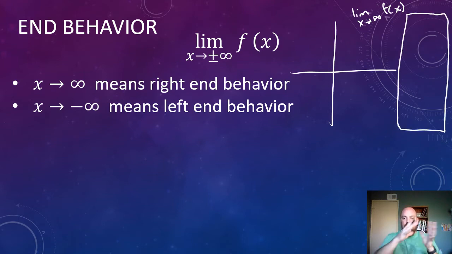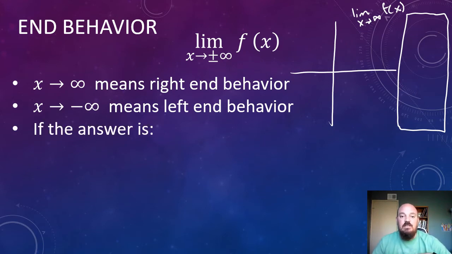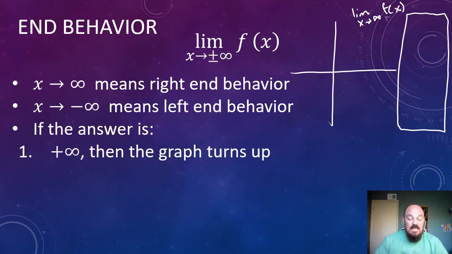We're not talking about the graph itself in the middle. We're saying if you go far enough to the right, the end behavior, the right end of this graph, what is happening? So let's say I take my function and I do the limit as x approaches positive infinity. If the answer is positive infinity, then what that means is the graph is turning up at the end.